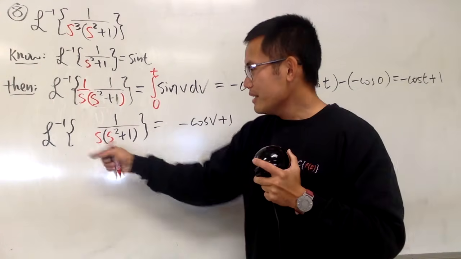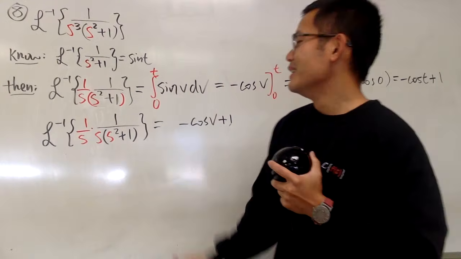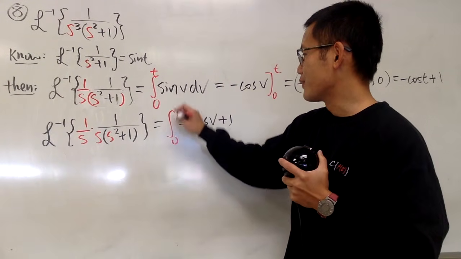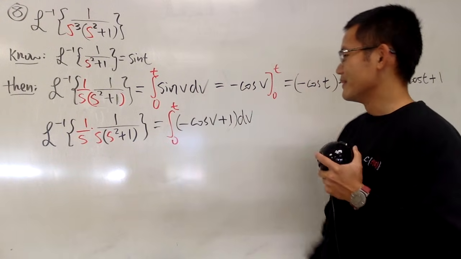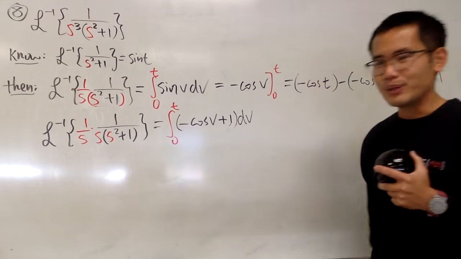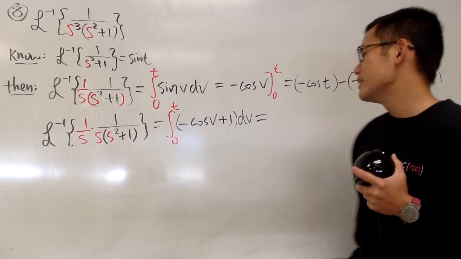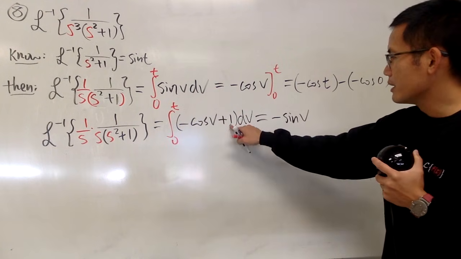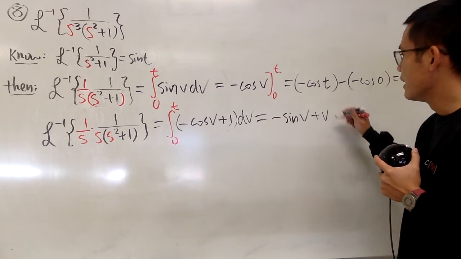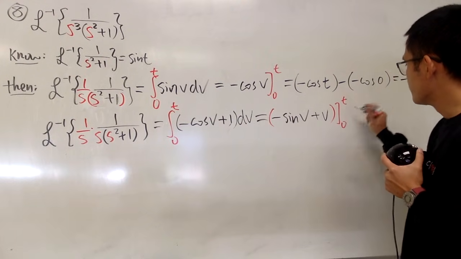If you have to divide it by s again, just integrate this again from 0 to t, in the phi world. So let's go ahead and do that. The integral of negative cosine is negative sine phi. Integrating the 1 is just plus phi. And then we plug in 0 to t.